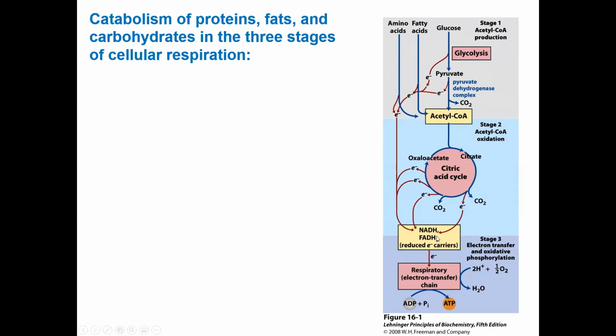And some of those complexes actually end up generating a proton gradient in the intermembrane space. That proton gradient flows downhill through the F0, F1 ATP synthase, and that F0, F1 ATP synthase will actually take ADP and inorganic phosphate, and generate ATP. Ultimately, those electrons end up going to molecular oxygen, where molecular oxygen is reduced to water. Okay, so that's stage 3.